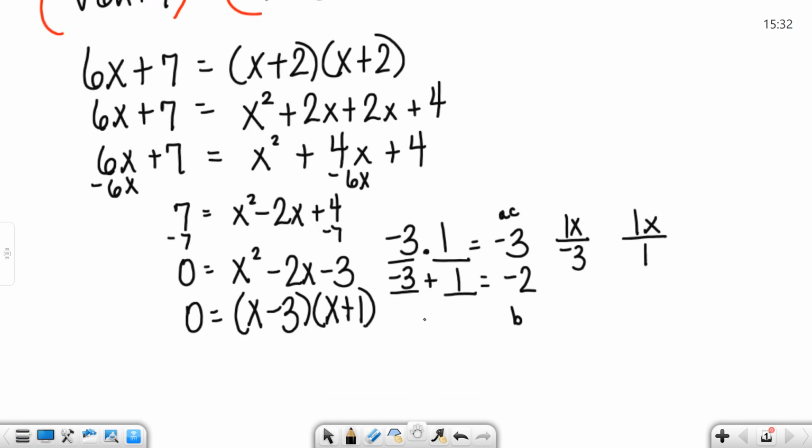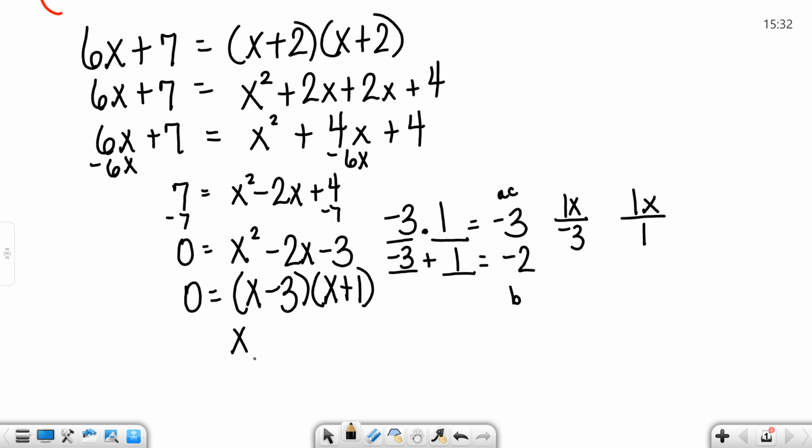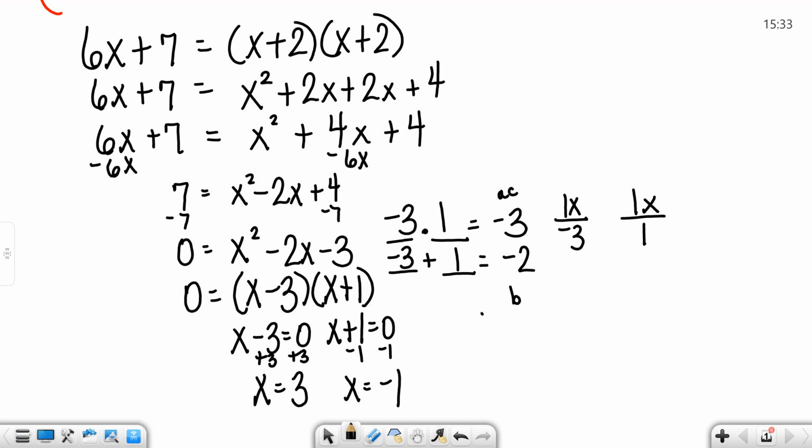Now we set each factor equal to 0 and solve. So I get x is 3 and x is -1. Now I need to check both of those.